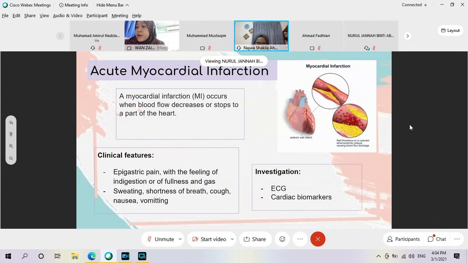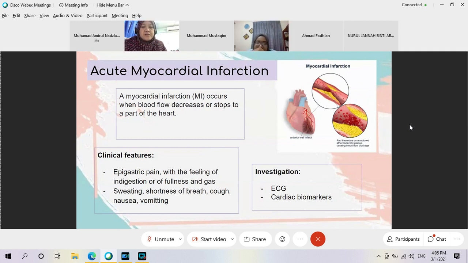Yes. Increase AST. Apa dia? Cardiac biomarkers tu apa you nak? You nak order kat situ apa? Troponin apa? Cardiac troponin. Lagi? Ada S kat situ. Maknanya multiple lah kan?